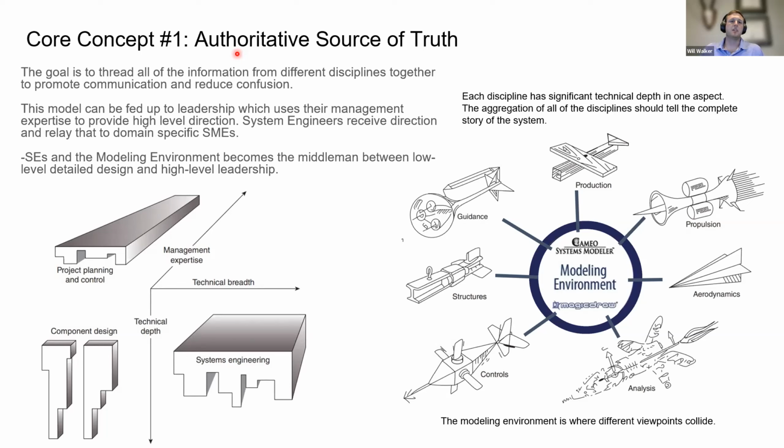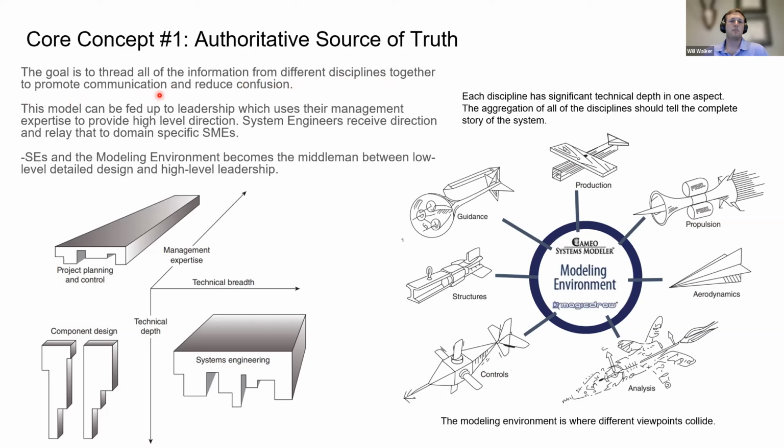So basically, instead of having to figure out what document you should look at, and if it's the latest and greatest, you can just refer back to the authoritative source of truth, or the model, and it will tell you the latest and greatest. So the goal is to thread all the information from different disciplines together to promote communication and reduce confusion.